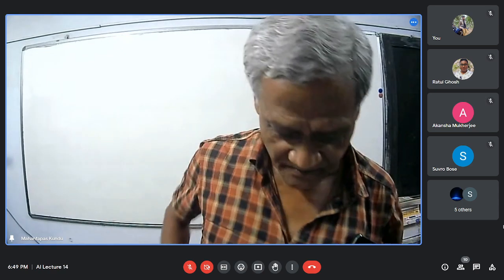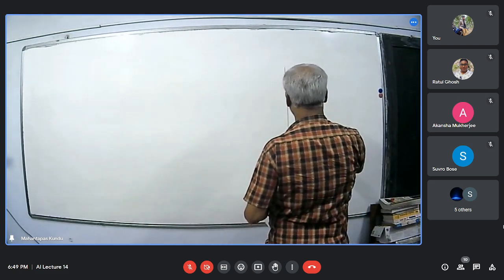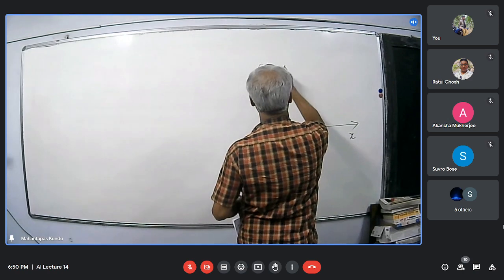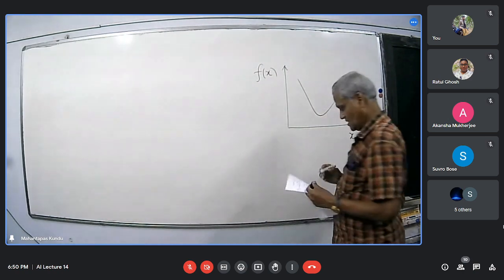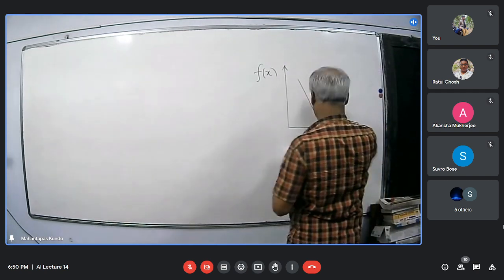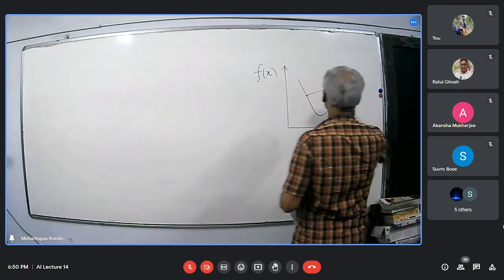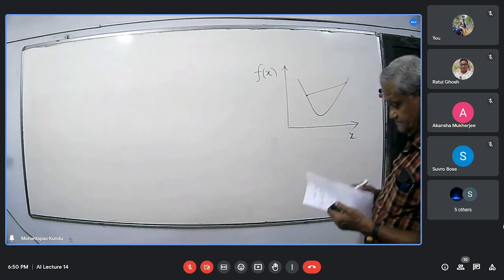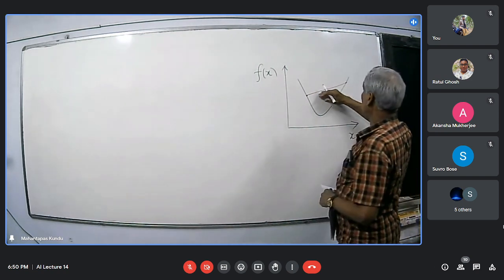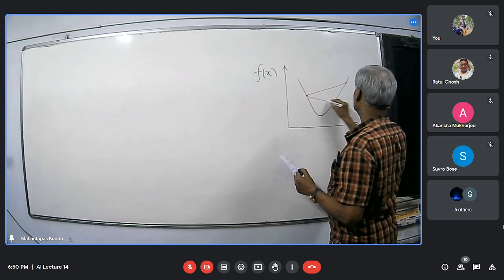And geometrically speaking, if this be a single value function f(x), then if we join 2 points on this curve like this, this line must appear over the function, like this or like this.